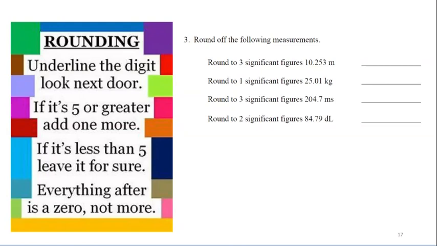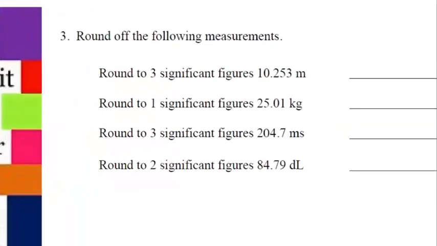And if it's 5 or more, okay, you're going to add 1. If it's less than 5, okay, you don't do anything to that last sig fig. And there may be times that all of those digits just turn zeros. It's just a rule of thumb. So let's go over some of these problems that we have on the right side of the slide.